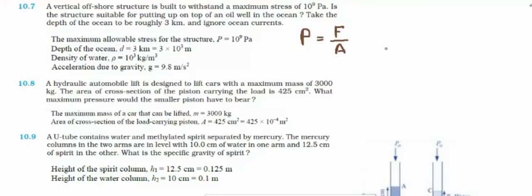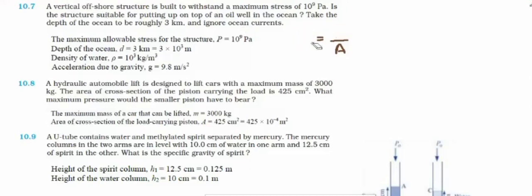Here H is given, rho is the density of water, and all other factors. The depth is also given, and you just calculate the pressure.